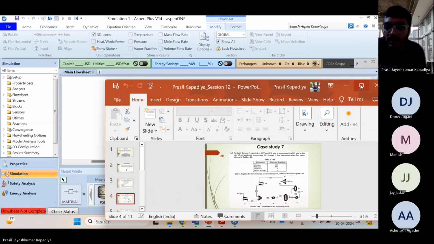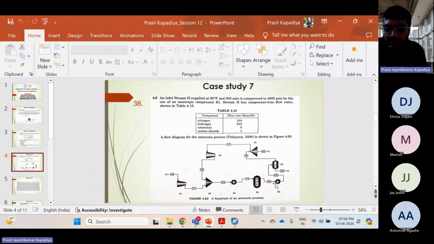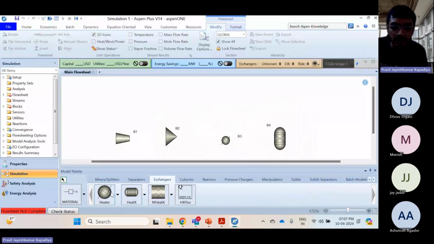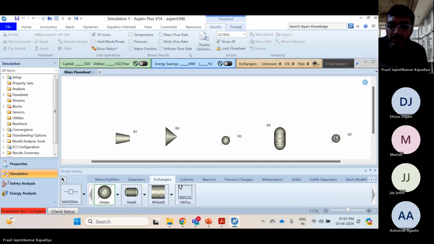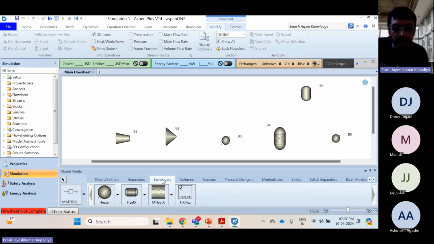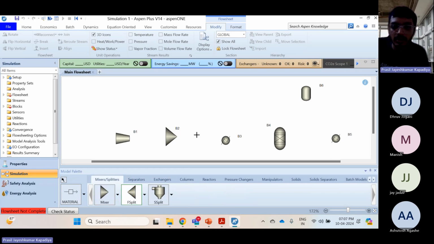Then we will go again to exchanger, flash drum, and splitter. Exchanger here and flash drum and splitter.